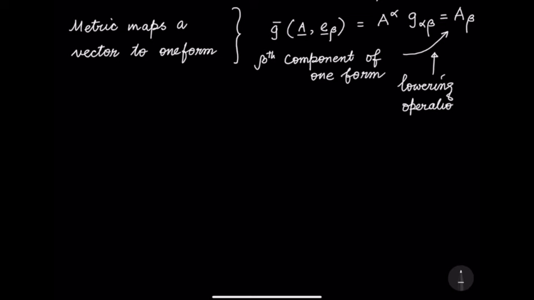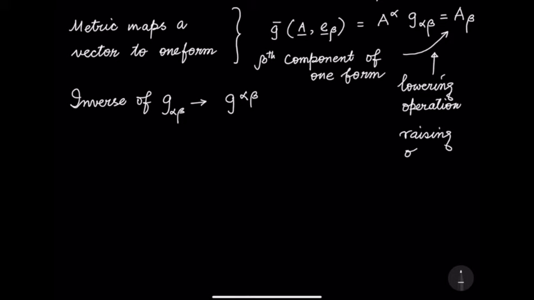And we have the inverse of the metric, which we called G again, but with alpha beta upstairs. And then the raising operation is something that maps a one form to a vector.